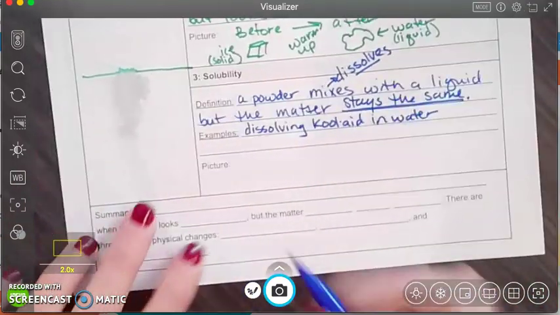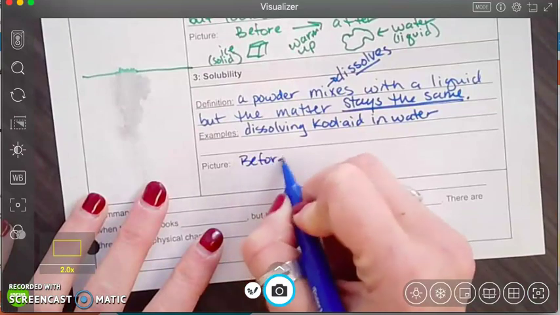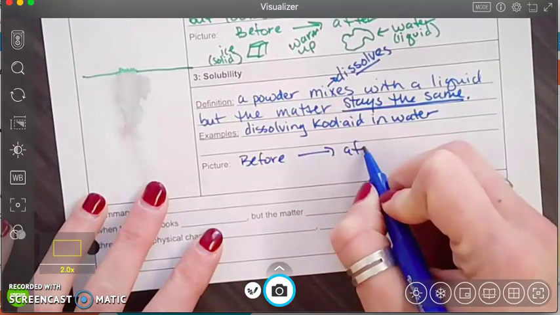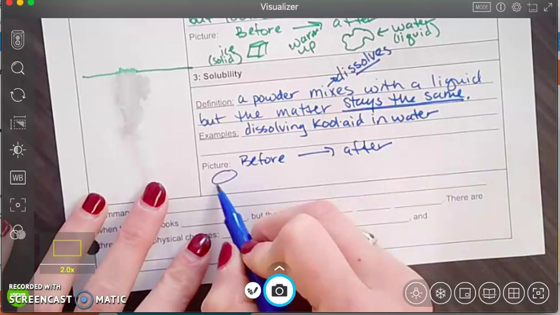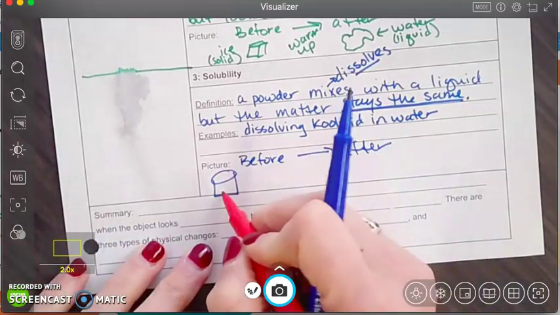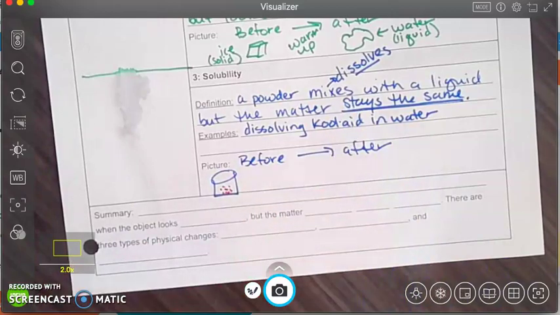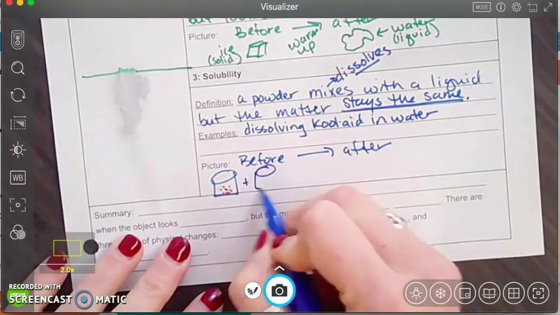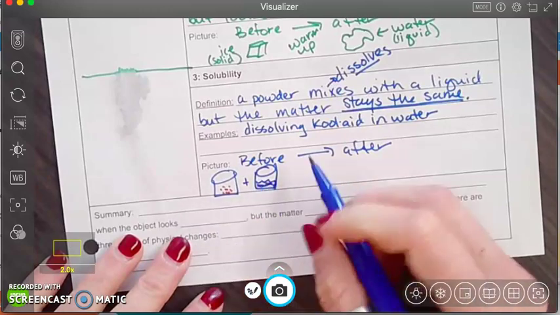I'm going to draw a before and an after. Before, I had some red powder. You may not have red at your table, that's okay. Plus, I have water.